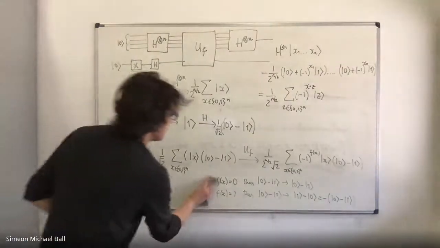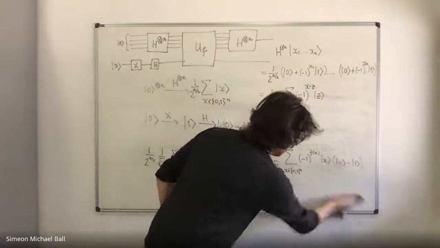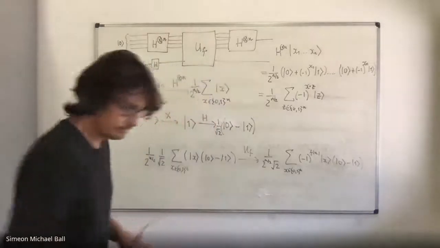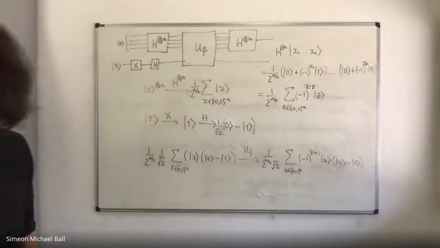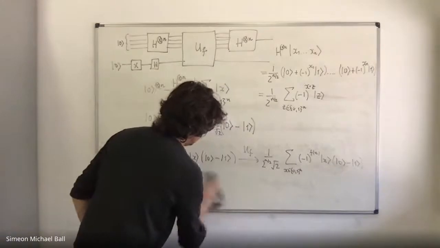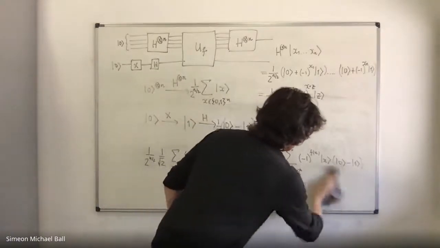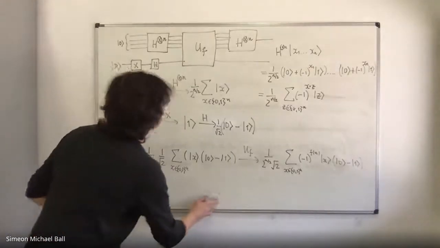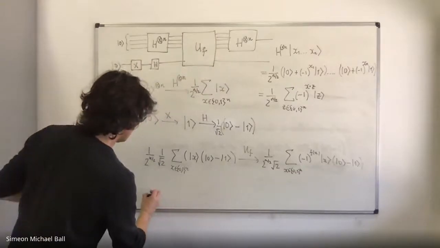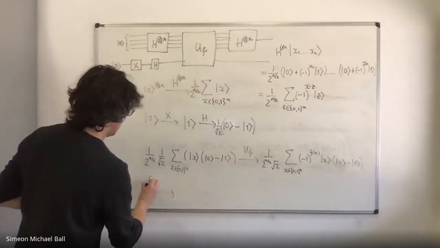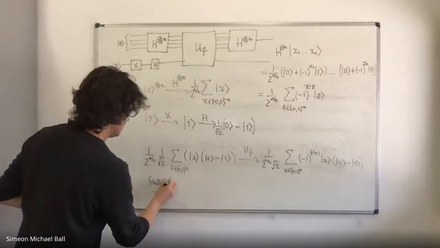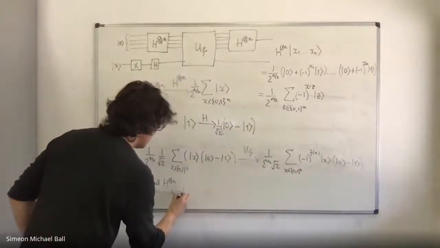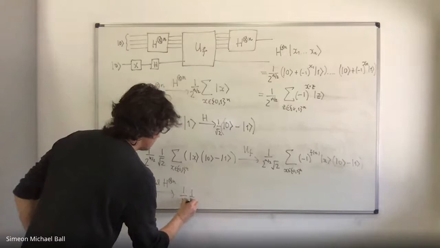So at the moment we're down here, and now we can apply our final H tensor n, which we've just done. So we've got 1 over 2 to the n, and 1 over root 2.